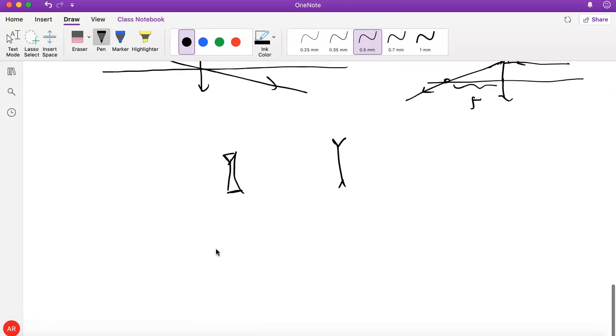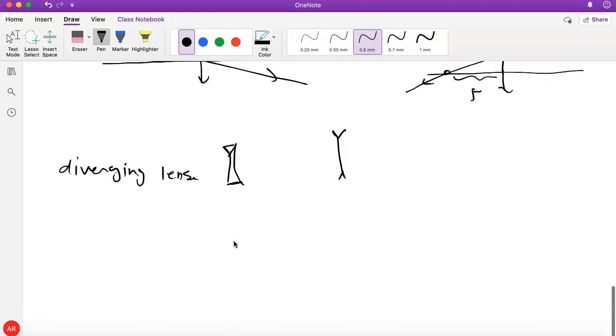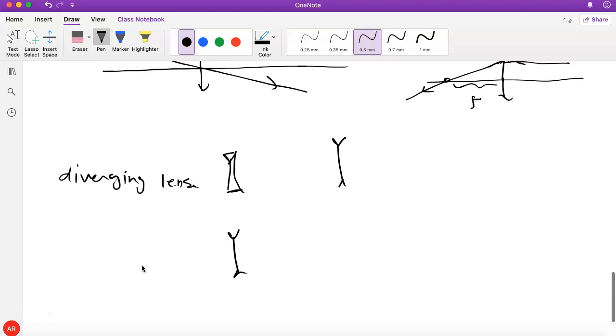What it does, so diverging, if you have parallel rays approaching it, they diverge, they move away from this line in such a way that if you trace them back, they appear to be coming from a point a distance f behind the lens.